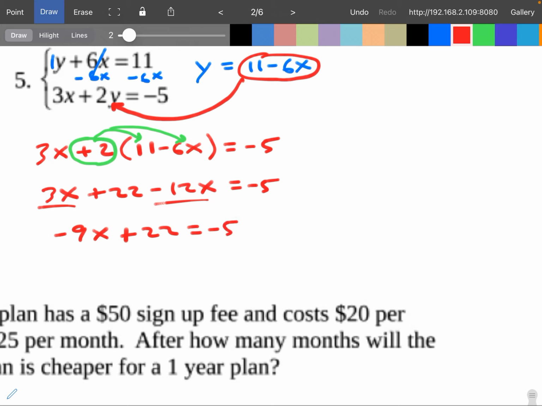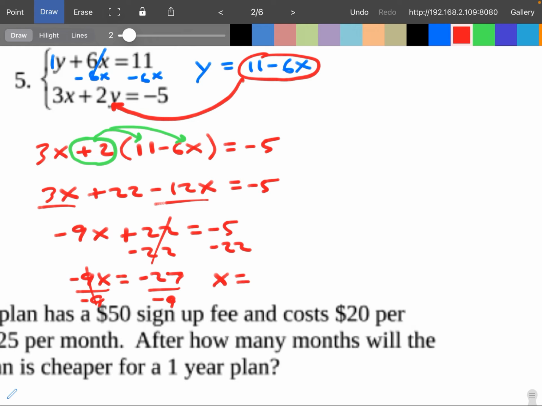And then that equals negative 5. And then I can combine this right here. I got 3x take away 12x. So if I got 3x's take away 12x's, how many x's do I got? 9? How many? Negative 9? Yeah, negative 9. Good. So negative 9x's plus, bring down the positive 22 there, so plus 22 equals negative 5.